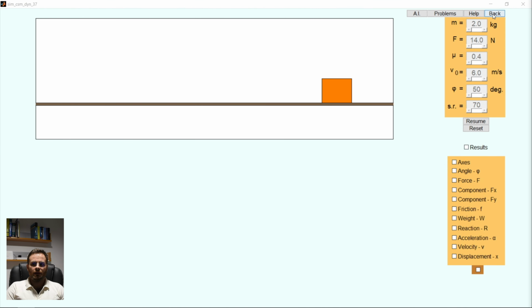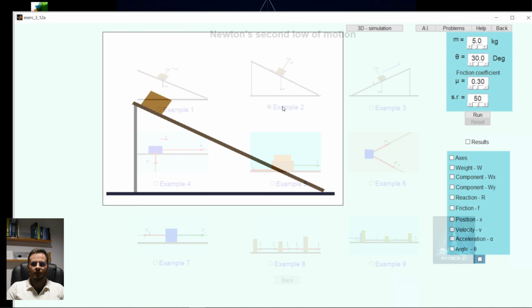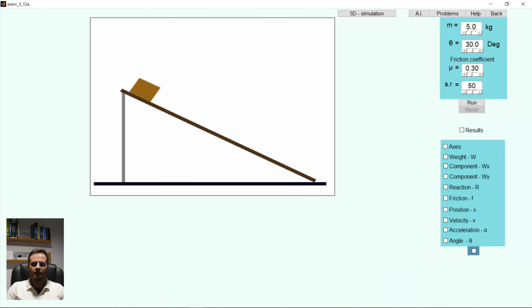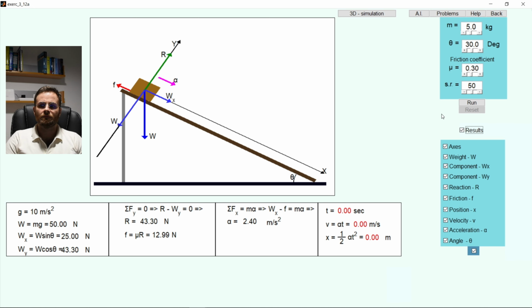Now, let's briefly look at another simulation demonstrating the motion of a body on an inclined plane with friction. The results table shows the equations describing the phenomenon as well as the values of the quantities.